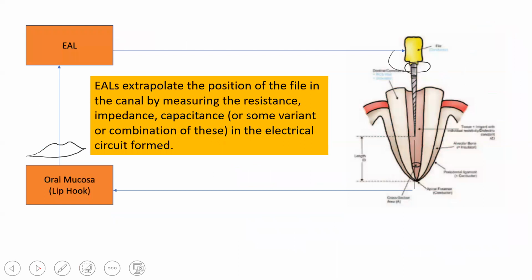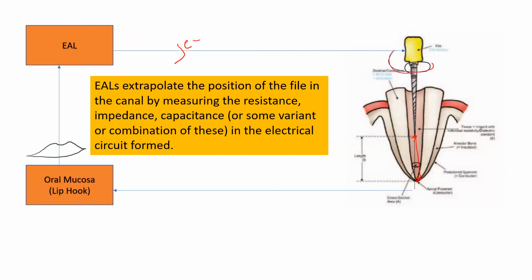So, how this apex locator actually determines the working length is that it extrapolates the position of this file, as we discussed just now, that this position will determine the distance between the two conductive materials. Now, what actually happens is electrons flow through this apex locator.